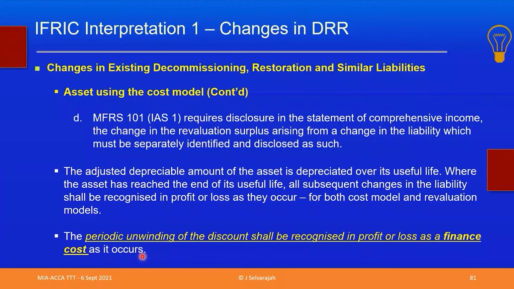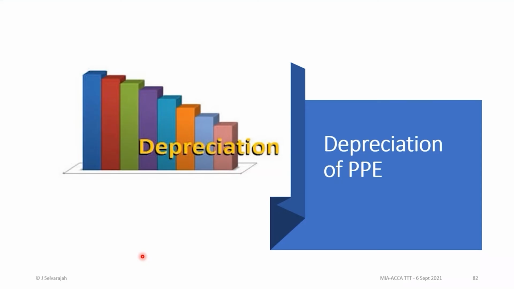The unwinding of the discounting factor goes as finance cost, and it's a debit balance. So debit balance means an expense. It's not the whole of the amount, but only the financing cost after discounting it, all right? So that is what needs to go into the P&L account. All right, so much for discounting.